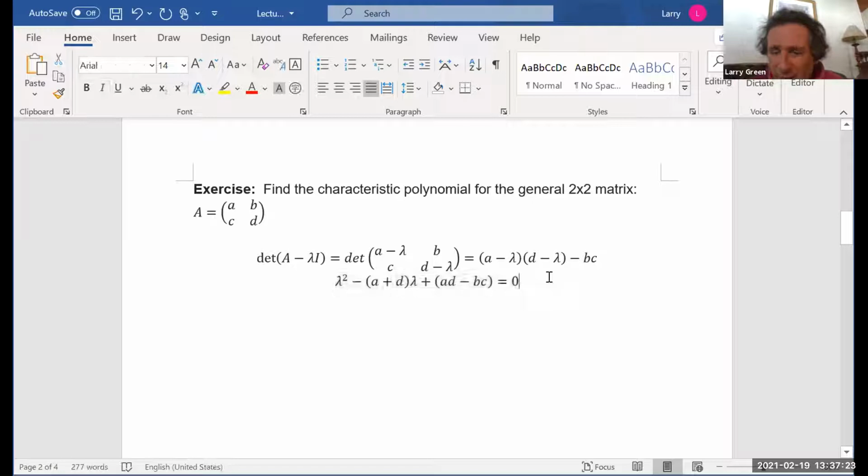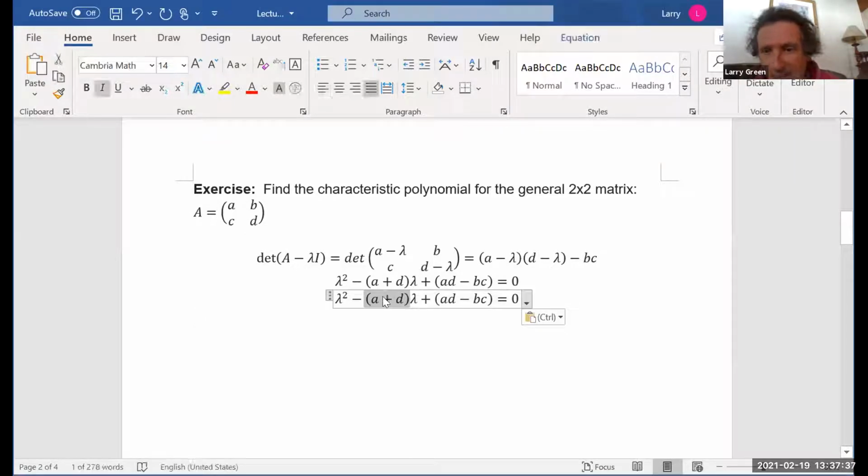All right, now we're going to look at this. This is why I wanted you to write it this way. What is A plus D? Look at this matrix. We have a name for A plus D. Remember when you add the diagonals, what do you call that?